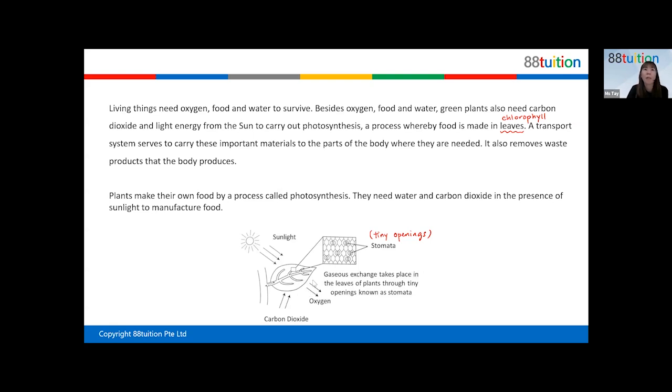Is there something that you know about why this is happening? How come in every leaf the top side always has lesser stomata, but the underside has so many? Why? Anyone has an idea?